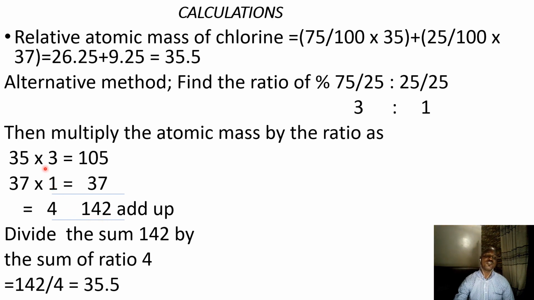And if you sum up the ratios, 3 plus 1, you get 4. So divide the sum 142 by the sum of the ratio, which is 4. We say 142 divided by 4 gives us 35.5.